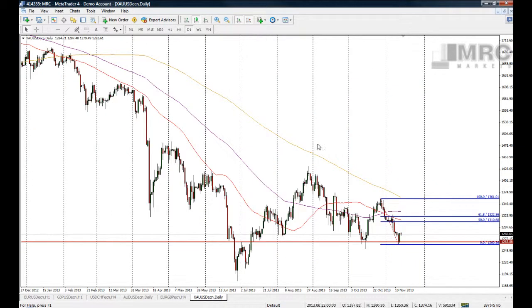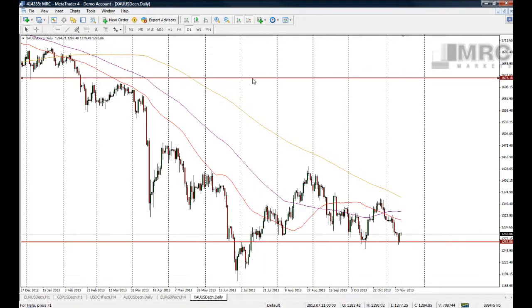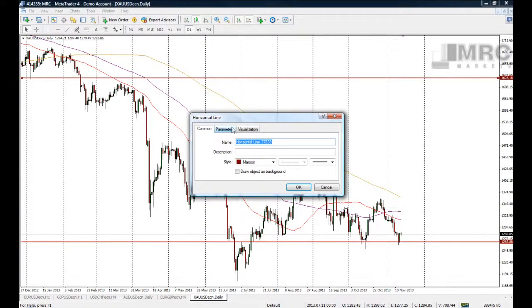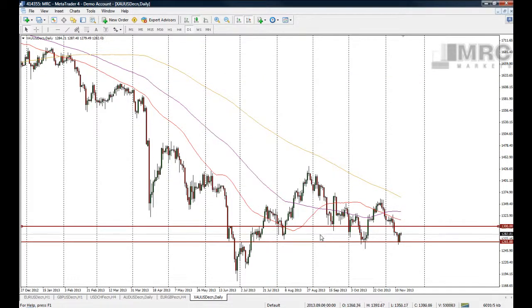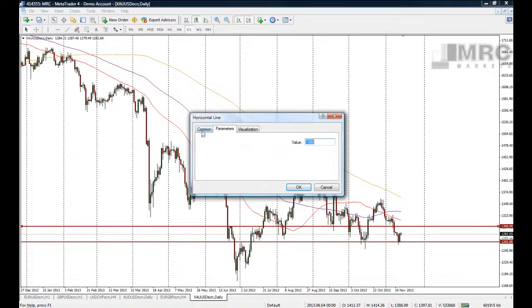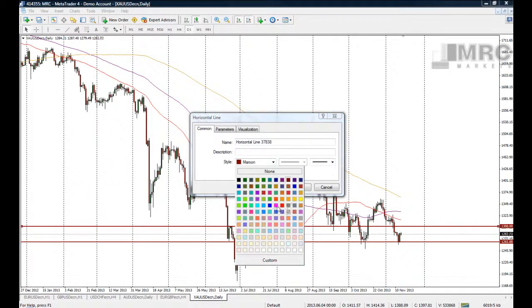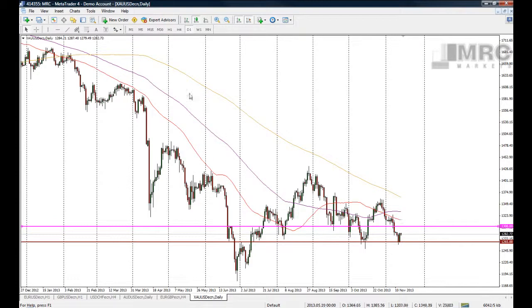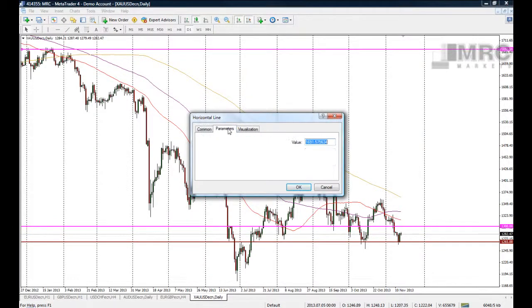And also, if you're a fan of the round numbers, and to be fair, gold does respect the round numbers very well, then of course you have 1300. So let's just change the colour of that. So 1300, and then I'd keep an eye on 1250 as well.